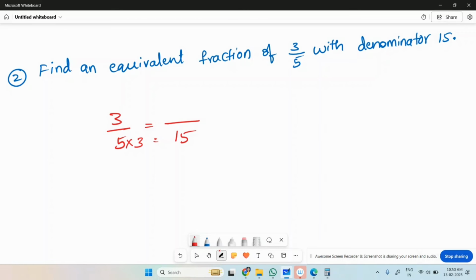And thus we are multiplying the denominator. That means we also multiply by the same number in the numerator. So 3 times 3 is 9. The equivalent fraction of 3 upon 5 with the denominator 15 has numerator 9, because we multiplied both the numbers by 3. 3 upon 5 and 9 upon 15 are equivalent fractions.